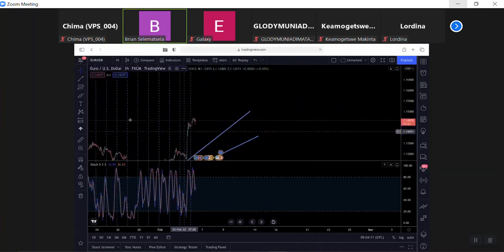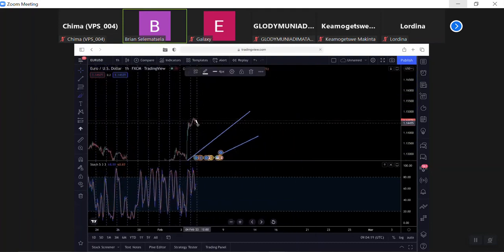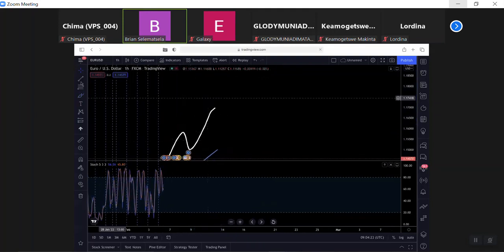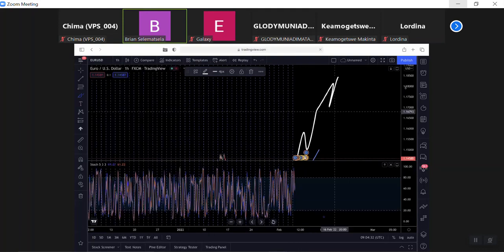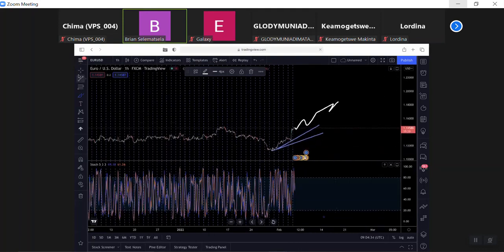So if this thing decides to continue going up like that, it will mean there's more profit for us on the table, because from there we'll get to extend our first layer line.